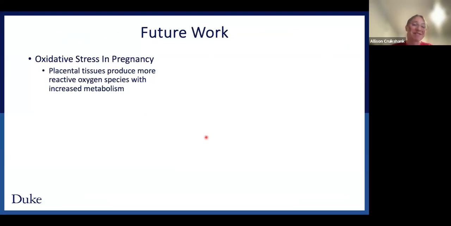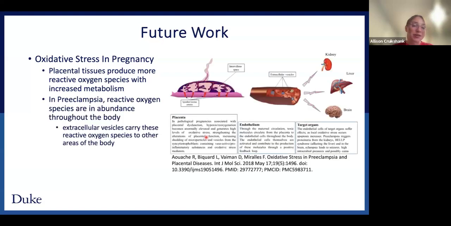But future work actually is I want to analyze oxidative stress in pregnancy. In pregnancy, placental tissues produce more reactive oxygen species with increased metabolism. In preeclampsia, which is a disorder in pregnancy, reactive oxygen species are in abundance throughout the body. These placenta cells produce these reactive oxygen species, and then extracellular vesicles carry them to organs like the kidney, liver, and brain.